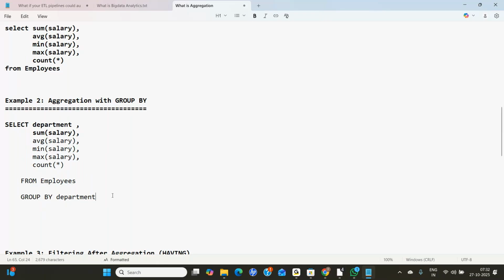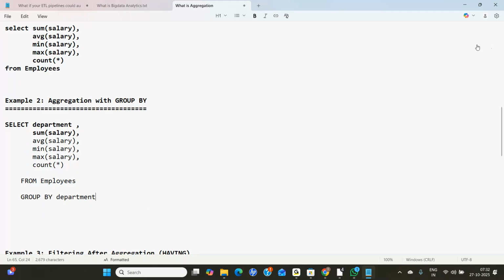One is Python-based Spark, and the second is SQL, called Spark SQL. You can also write part of the code in PySpark and part in SQL, in combination.